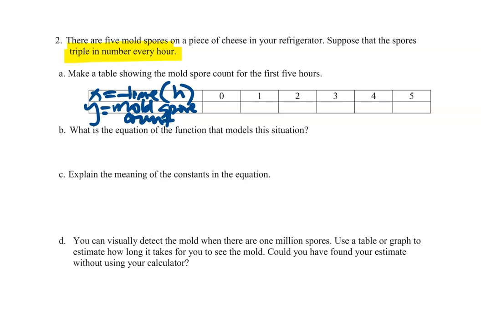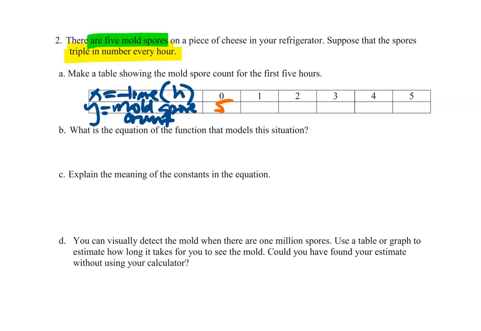So it says here that there are 5 mold spores on a piece of cheese in your refrigerator. We start at the beginning with 5 mold spores, and the spores triple in number every hour.